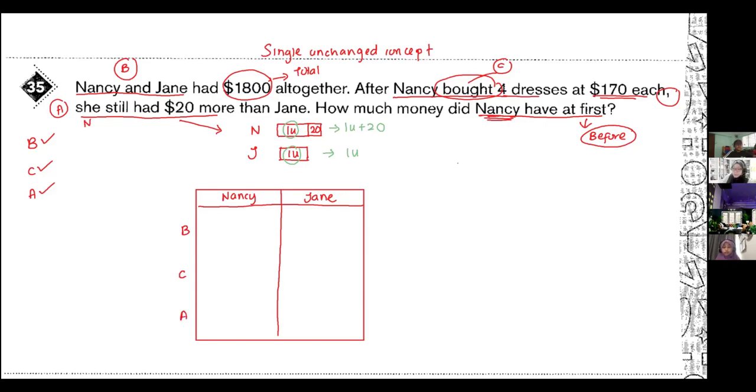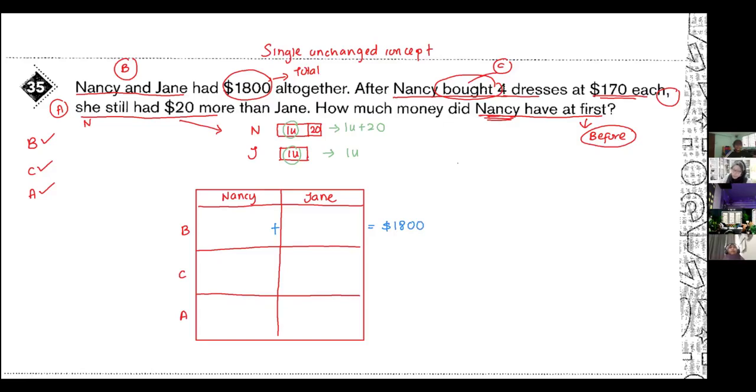All right. So then I cut it up into 3 different rows. Okay, now I can fill up the blanks. Now let's look. Before Nancy, Jane. I do not know anything from the question for before Nancy and Jane. However, I know their total, right? So I know that Nancy plus Jane equals 1,800 in total, like that. So I put it down like that.